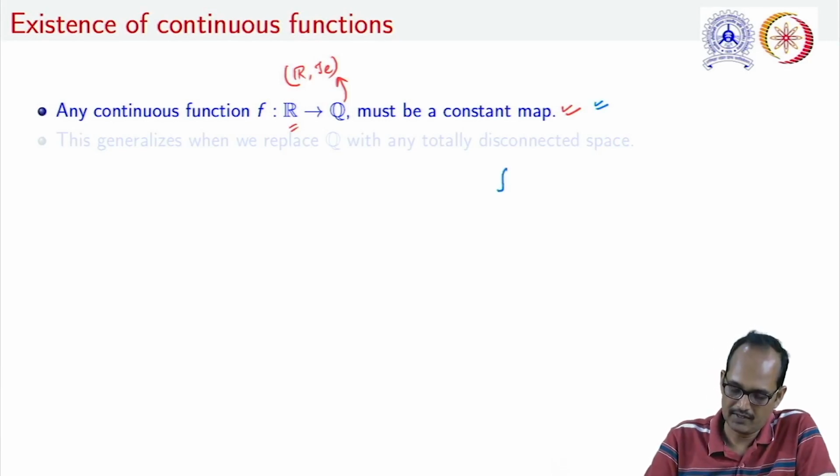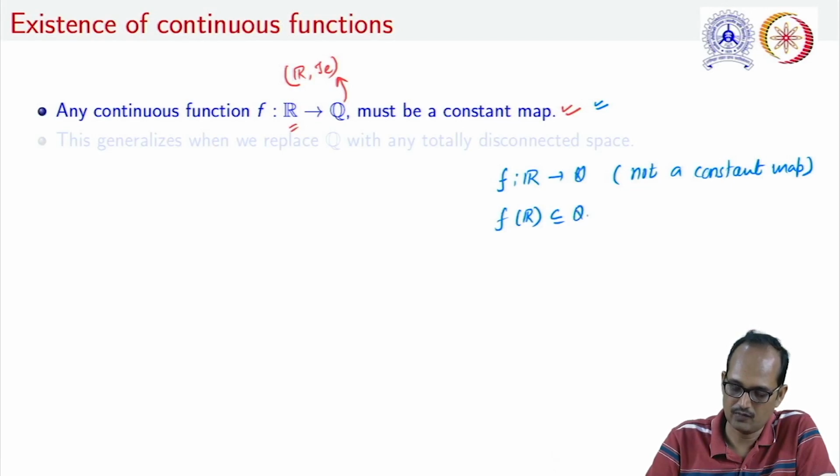Now if we are taking a non-constant map from R to Q, this is not a constant map, and if this is not a constant map, what about the image of R? Obviously this is a subset of Q and the cardinality of this set will be greater than or equal to 2.